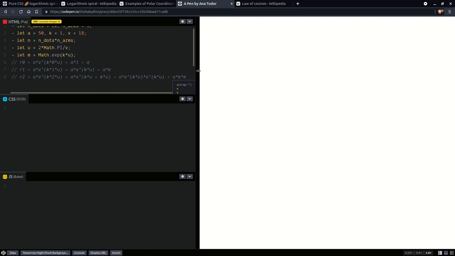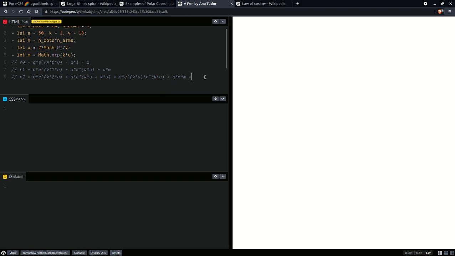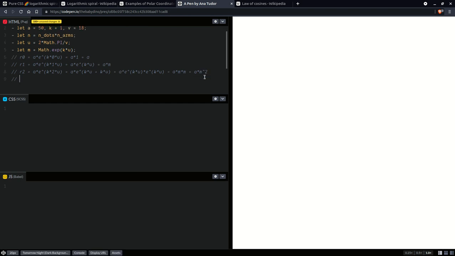And by the way, this is also a times m raised to the power of 2. So in general, Rj is going to be a times m raised to the power j, okay?